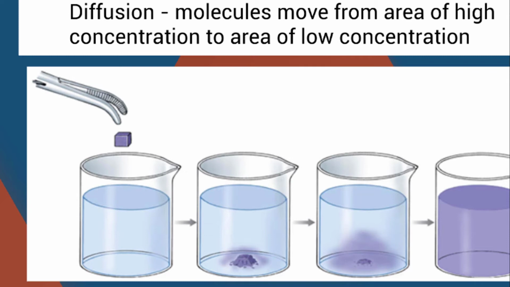So the first type of passive transport is diffusion. Diffusion is the movement of particles from an area of higher concentration to an area of lower concentration. A couple of common examples will help to illustrate this concept.